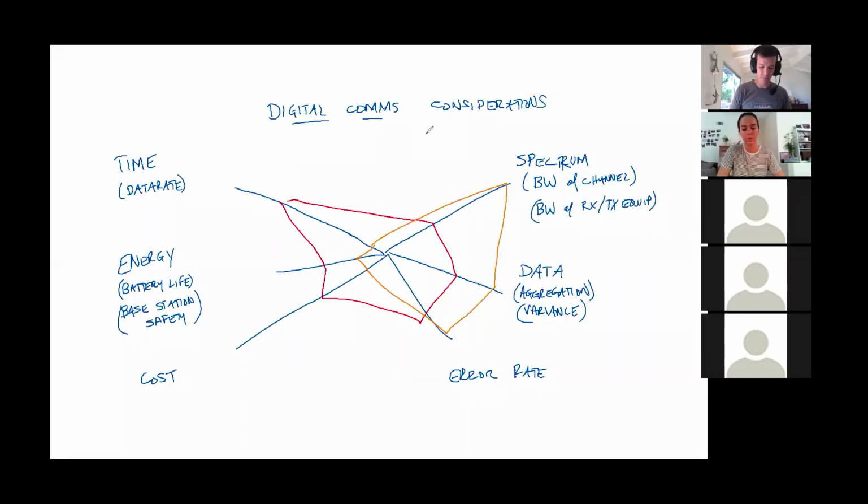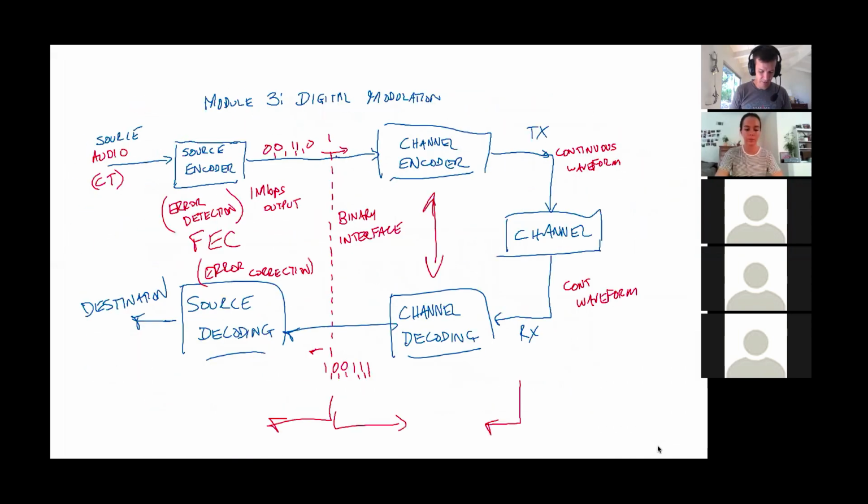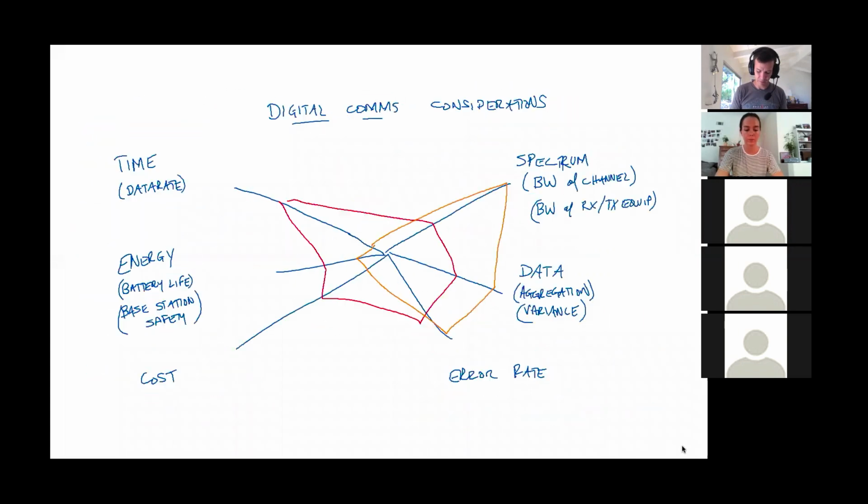Is that due to noise? Let me see if I can go back. So was it on this slide that you're talking about? Yes, so we're looking at error detection. You said that from the source encoder to the channel encoder, or is it made from the audio to the?